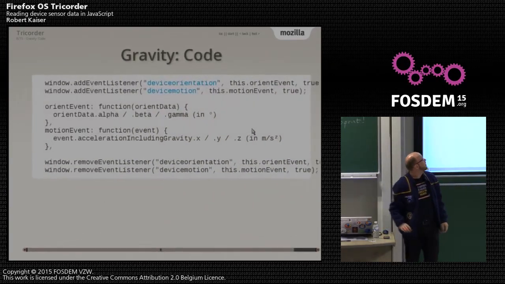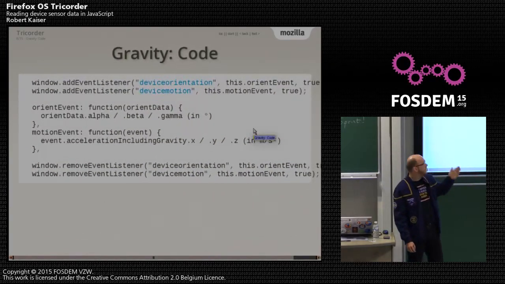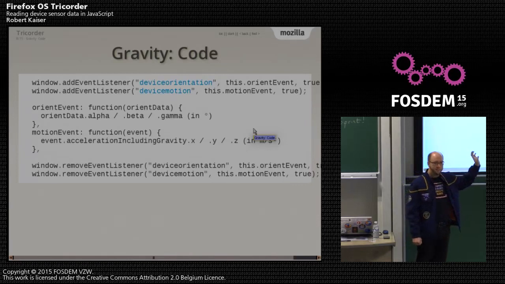The code for that is, as I said, events, so you need to add an event listener on the window, and you just add the event listener for this event with which function is being called. You'll see I have this dot in all of those things.